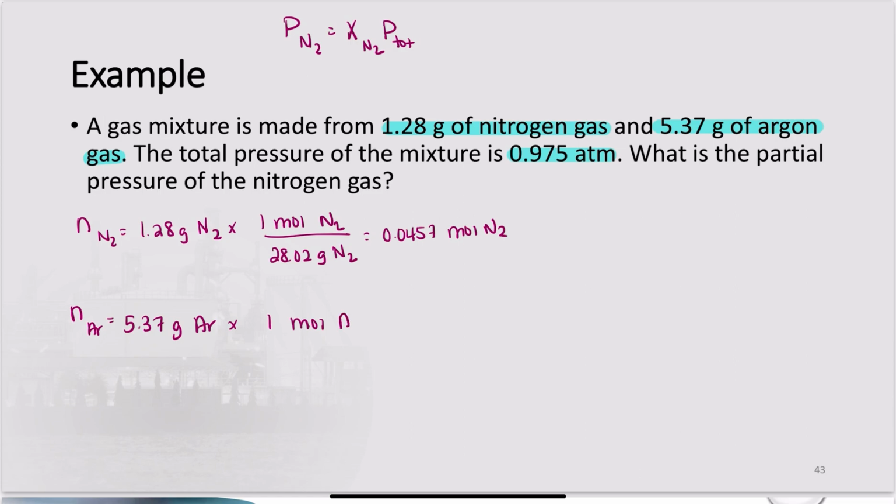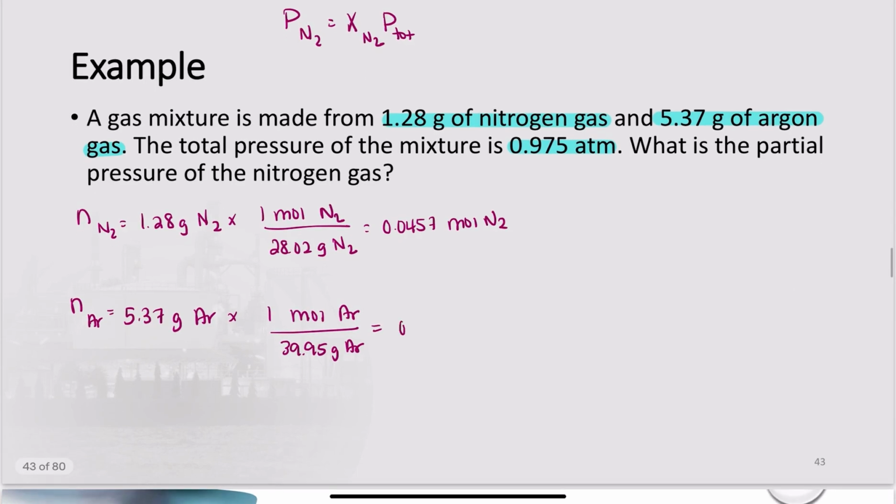One mole of argon weighs 39.95 grams. Gives me 0.134 moles of argon.